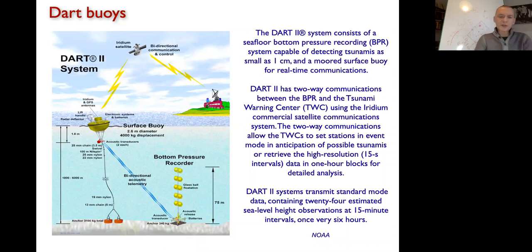Well, actually, how is this station made? We have a pressure gauge, for example, here that could record seismic waves at the same time. So a bottom pressure recorder, which records the perturbation carried by seismic waves, and then the perturbation carried by the change of the water level there.